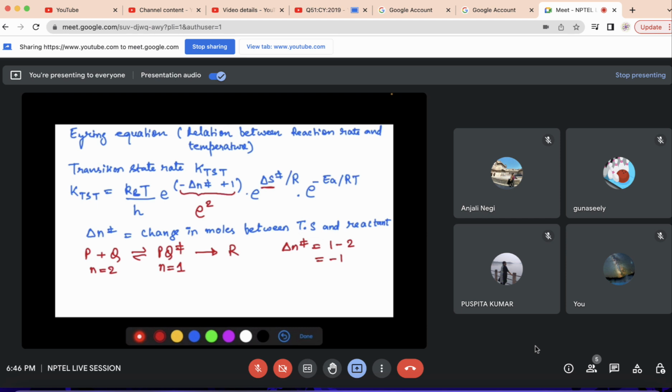Also, we need to find the entropy term. For that, we have another equation called the Arrhenius equation, which also gives us the relation between the reaction rate and temperature. It is given as k is equal to A e to the power minus Ea upon RT, correct?